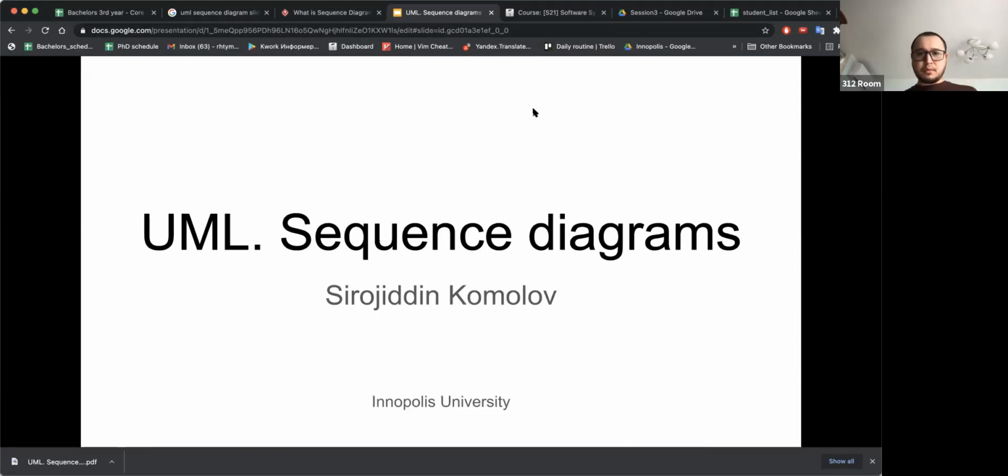So we will continue our UML sessions. Basically, this is the last session about UML. We will finish covering UML with sequence diagrams.